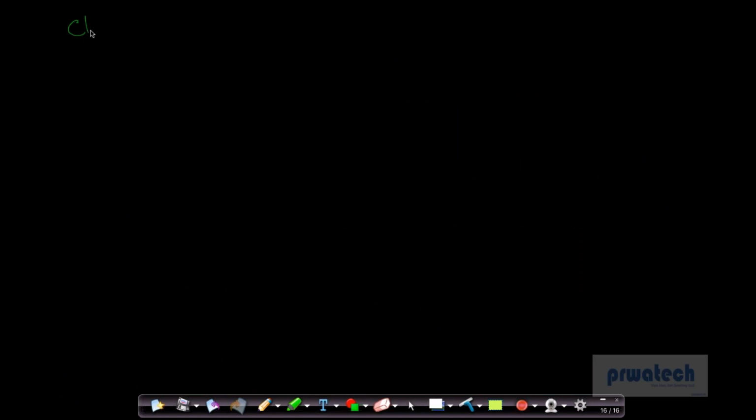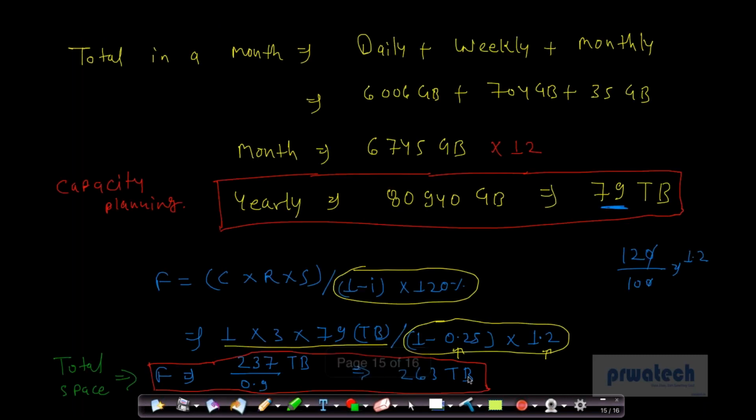So cluster size now. Data you calculated, cluster size. This is very easy to calculate as soon as we get this value: 263 terabytes. Suppose every data node is using 1 terabyte as storage. That depends on my cloud vendor who is giving me instances of virtual machines.